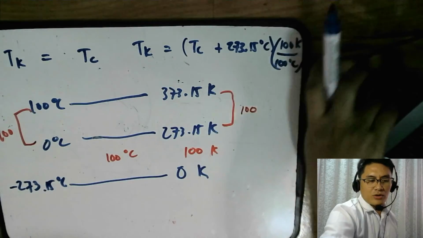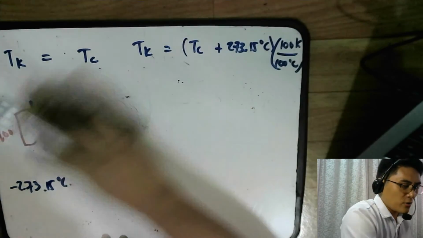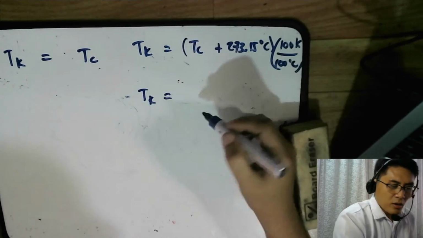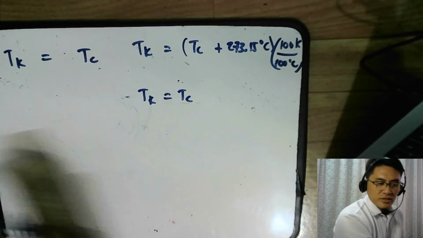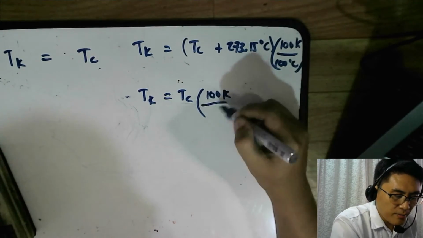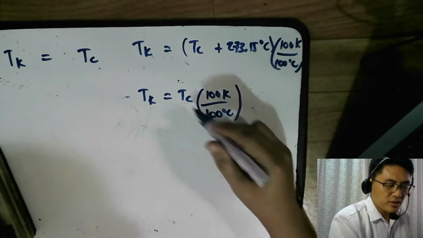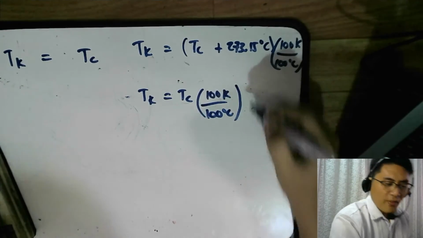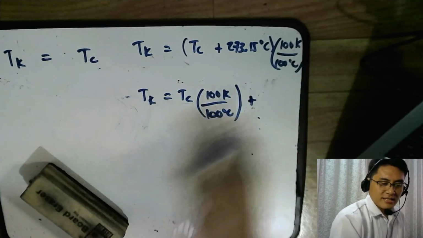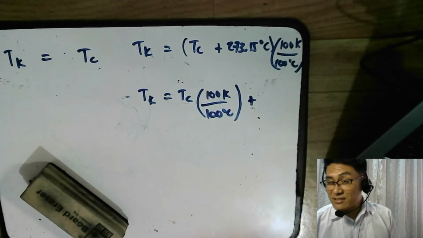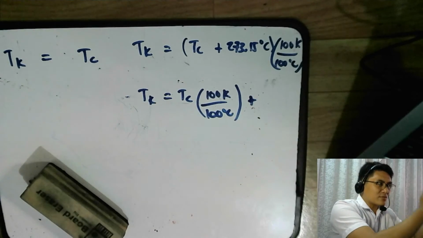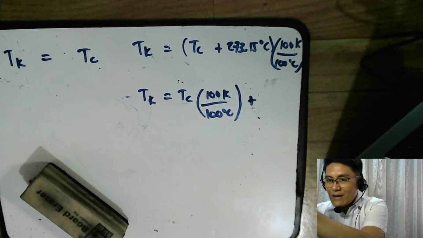But again, as I told you, it also works the other way. You could also convert the Celsius first, which is 100 Kelvin per 100 degrees Celsius. This cancels out, gives you Kelvin. And then you add the disadvantage. But in this case, it's not as complicated because remember, every 100 steps of Celsius is also 100 steps in Kelvin.